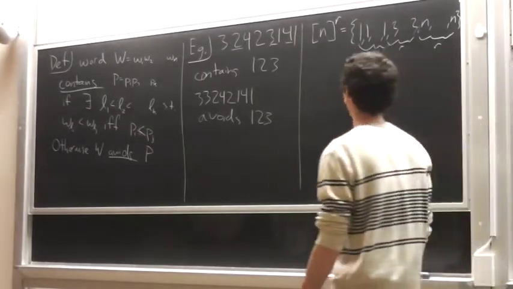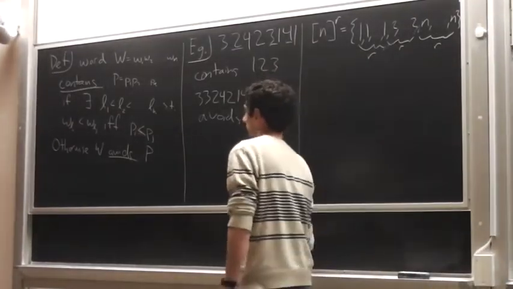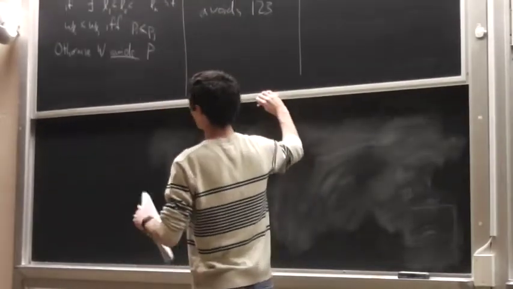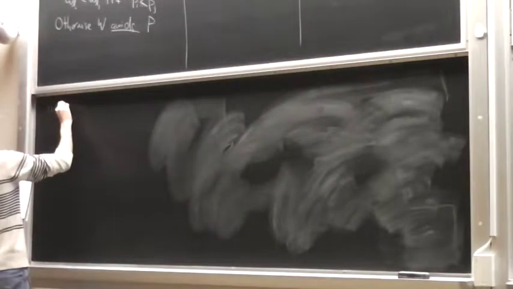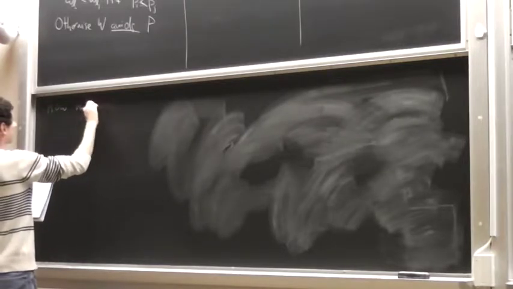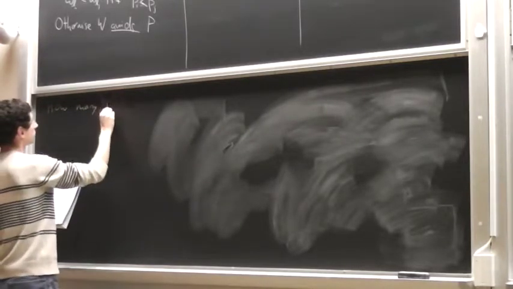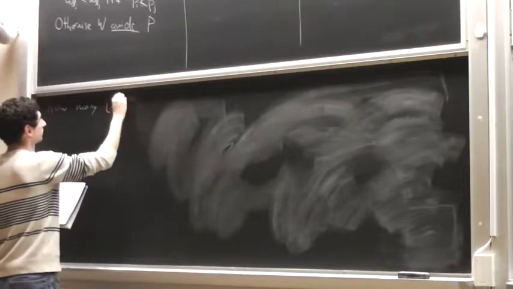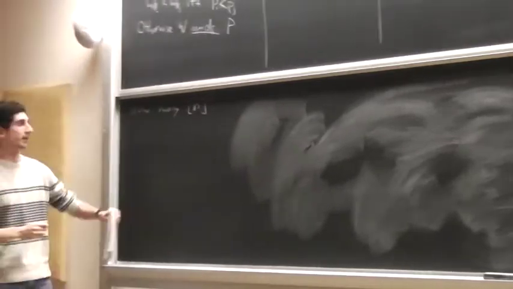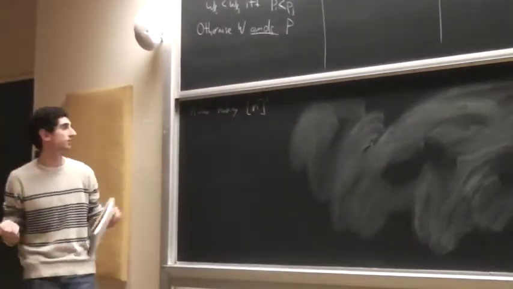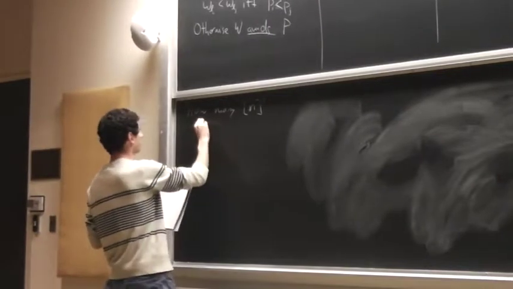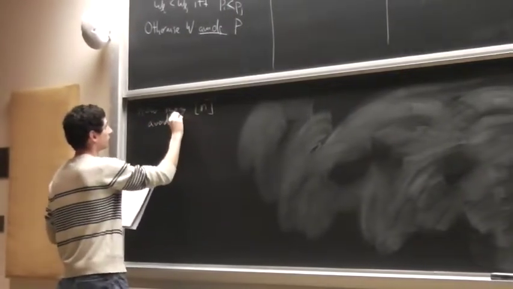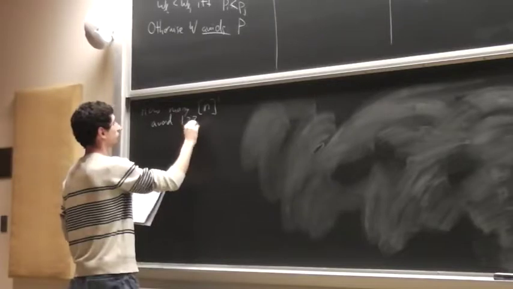So, one question that you might ask is how many words, and let's just say on n to the 1, so now we're looking at permutations of 1 through n, avoid 1, 2, 3.